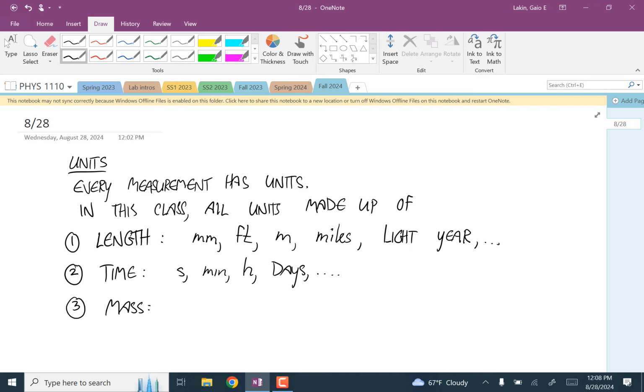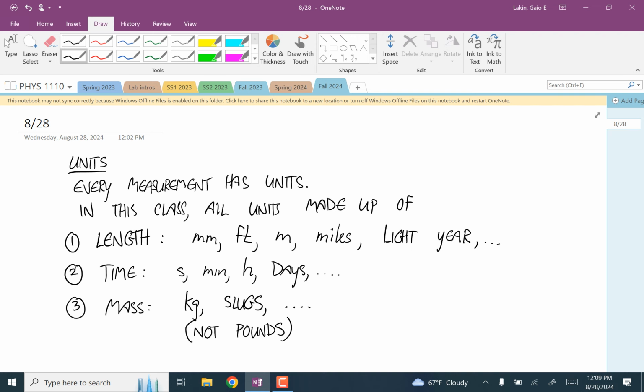It's something else, and we'll talk about what mass is pretty soon. But units of mass, the only two I know of are kilograms and something called slugs. That's the imperial British unit for mass. So pounds is not included as a unit of mass.